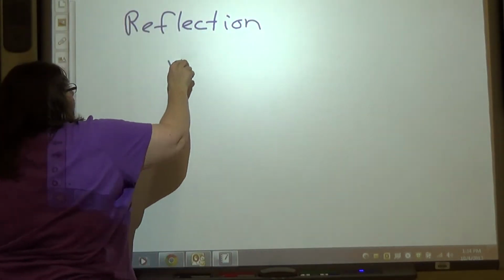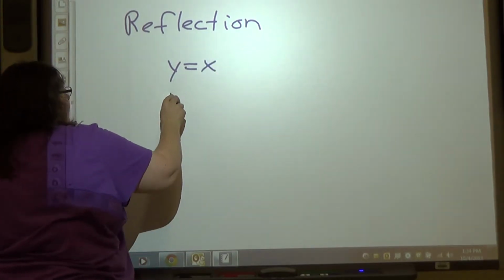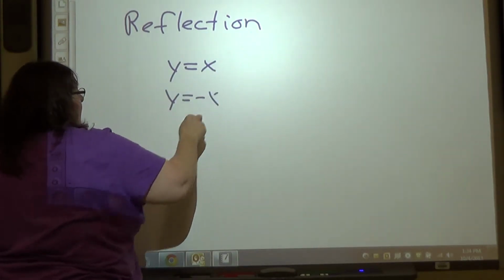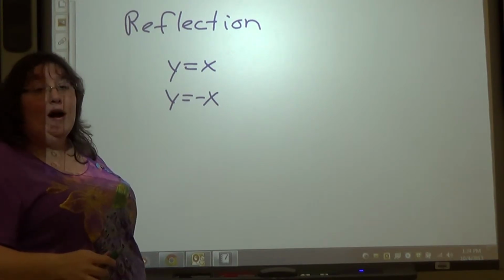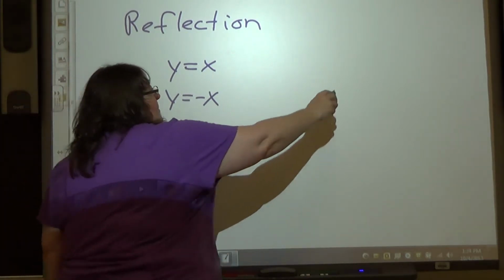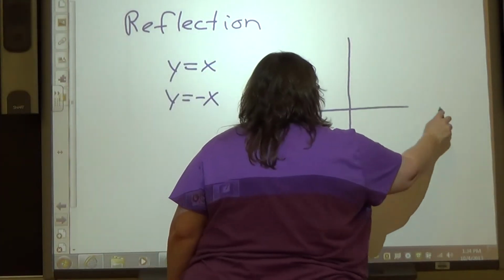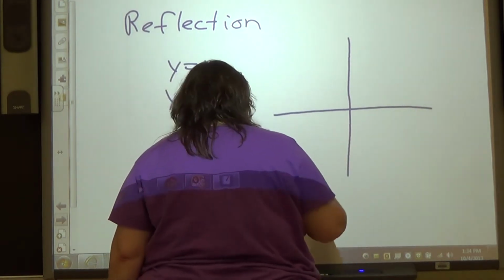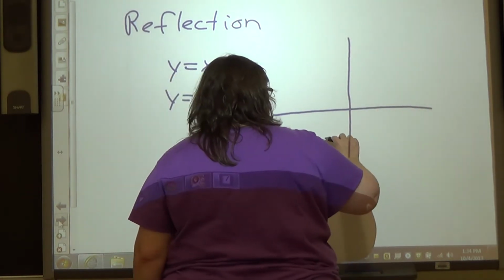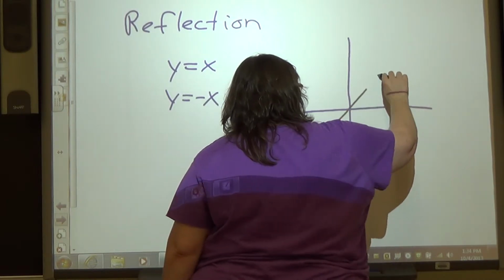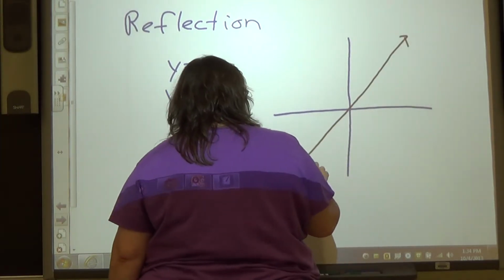All right? Another thing you're going to look at with this is a reflection. Okay? y equals x is a reflection of y equals negative x on the y-axis. Why? Well, the graph of y equals x is kind of the 45-degree angle like this, okay?